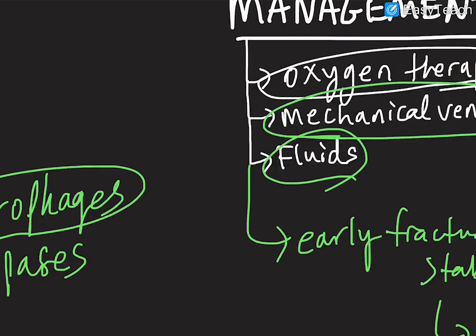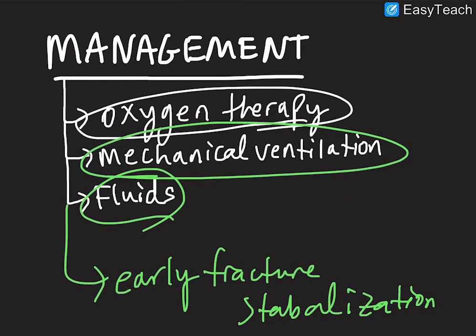All right, so until then, you just support organ function, so you can do supportive care, like oxygen, mechanical ventilation, fluids to support your kidneys so you can maintain perfusion, fracture stabilization, and things like that.